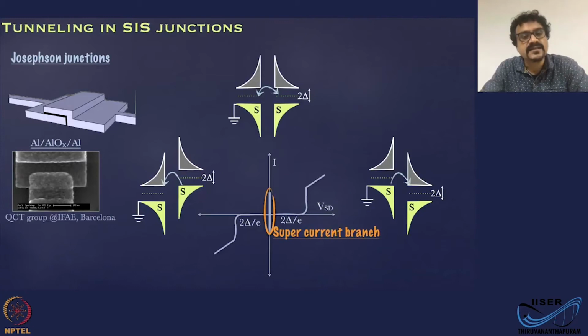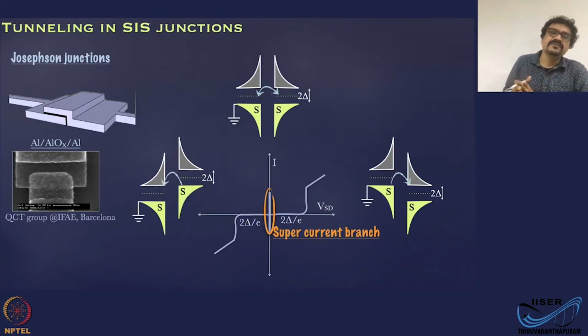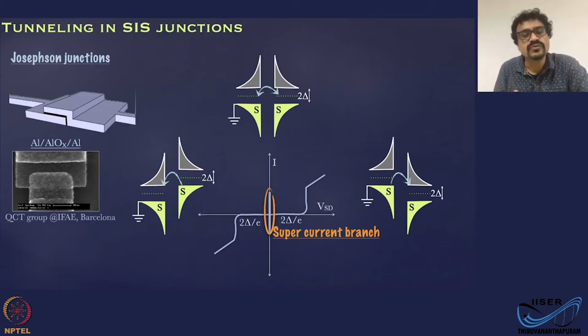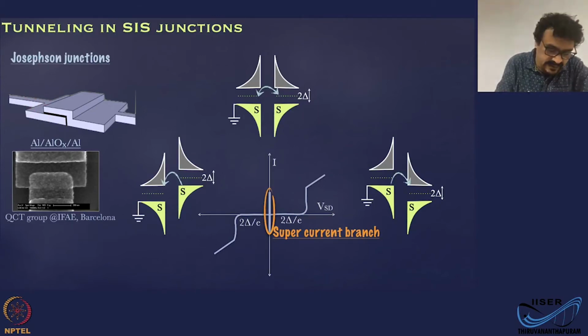Now, let us consider that we have two superconductors which are connected via an insulating region, an insulator or a barrier. For example, we have a superconductor here, a superconductor here, and then a thin insulating layer in the middle.